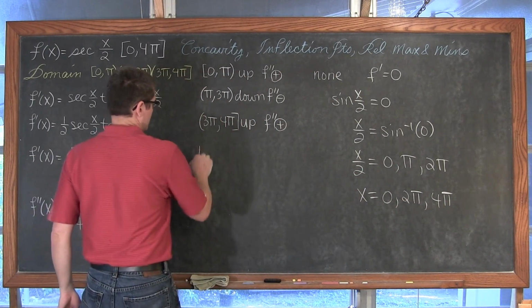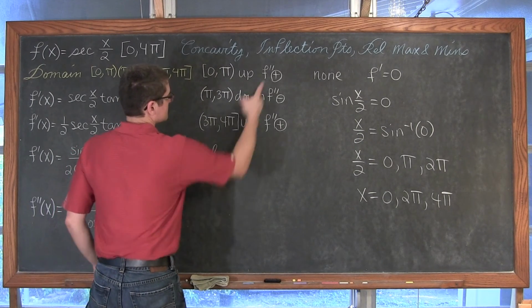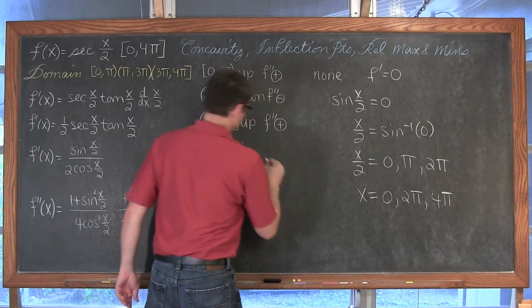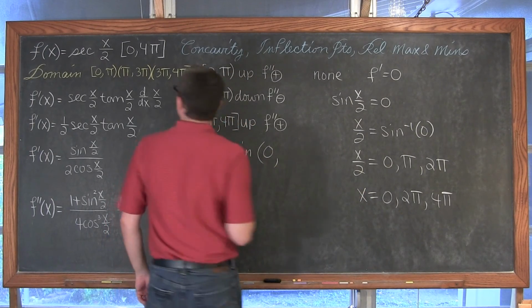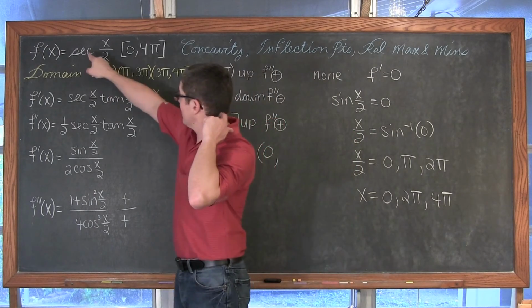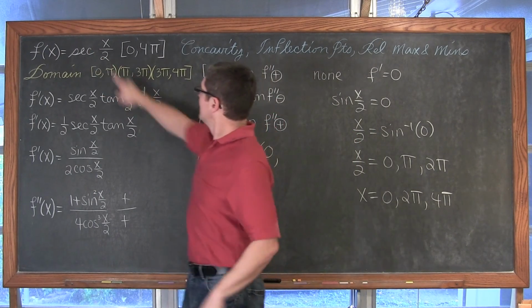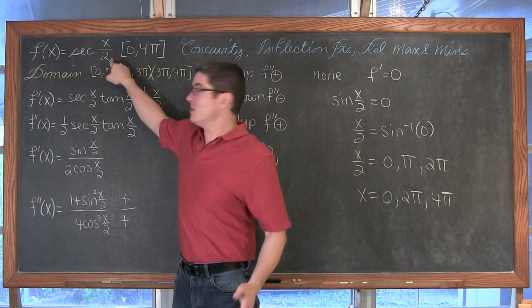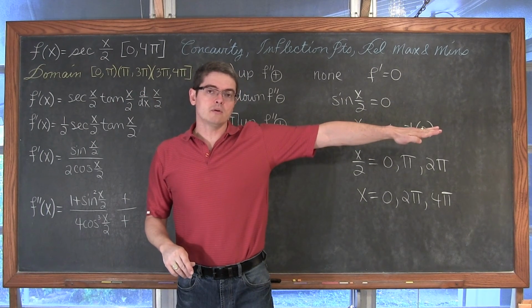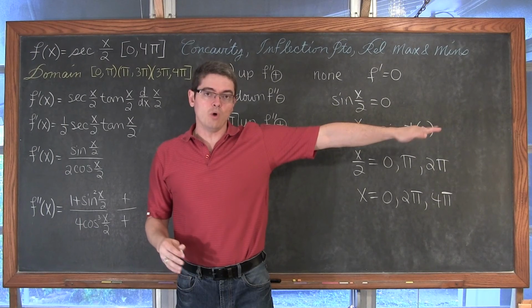My relative min is going to be 0, and that means I need to take this 0 and plug it into here. Well, let's see. 0 divided by 2 is 0. The secant of 0, well, cosine of 0 is equal to 1.